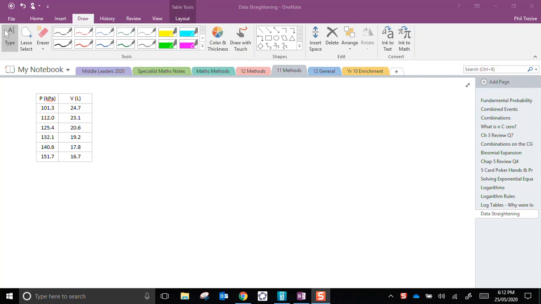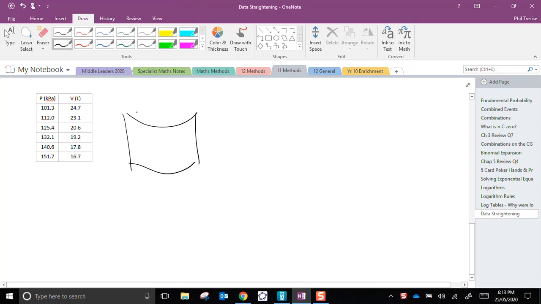So here is a set of data that we're looking at. P represents the pressure measured in kilopascals of a gas in a container, and V represents the volume of the container. So this setup would be something like a cylinder, and there's a piston which can squeeze downwards on the gas, so the gas particles contained down here inside the cylinder, and there's a way of measuring the pressure and the volume.